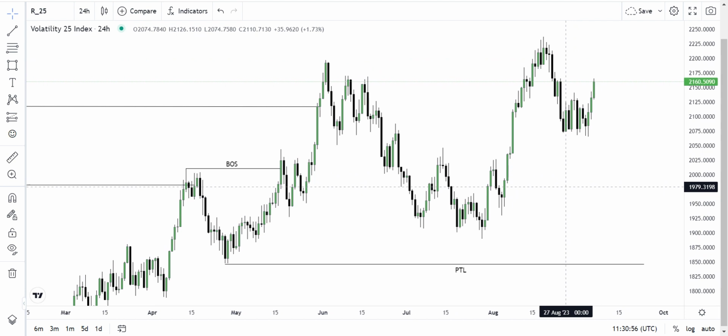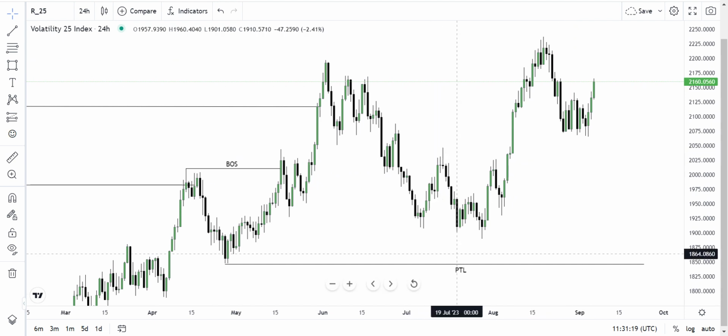Always ensure that you take your trades at a valid area of interest. If you want to be consistent in trading, if you want to have consistent profits, this is one of the ways. You should always trade at valid areas of interest. Do not take trades impulsively. Take trades only at valid areas of interest.